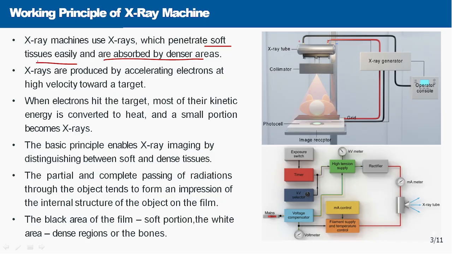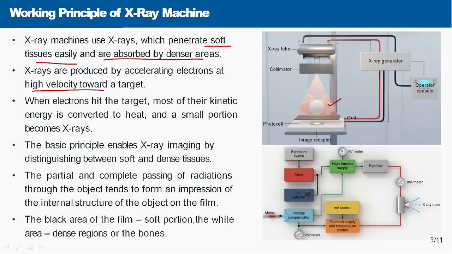Then X-rays are produced by accelerating electrons at high velocity towards a target. Now this is the patient who is lying on this photographic film over this grid system, and then the image receptor. This is the arrangement, or we can say it is a film photocell.